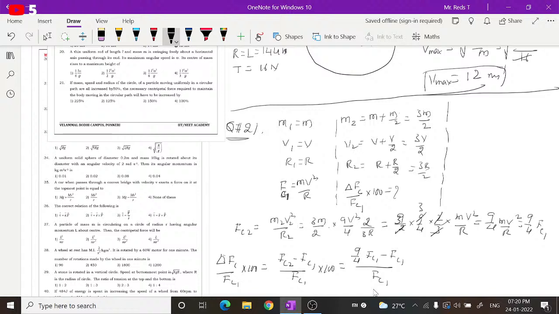Here fc1 is common, you can take this common.